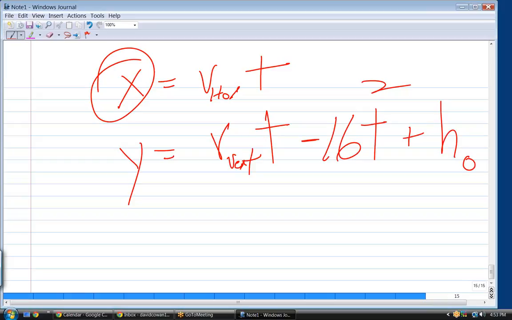So you end up with a quadratic for the height of the ball at any point in time. And using the two parametric equations in conjunction with one another lets you track exactly what that ball is doing at any point in time, which we would have a hard time doing with just x and y coordinates. We wouldn't be able to do that without parametric equations.